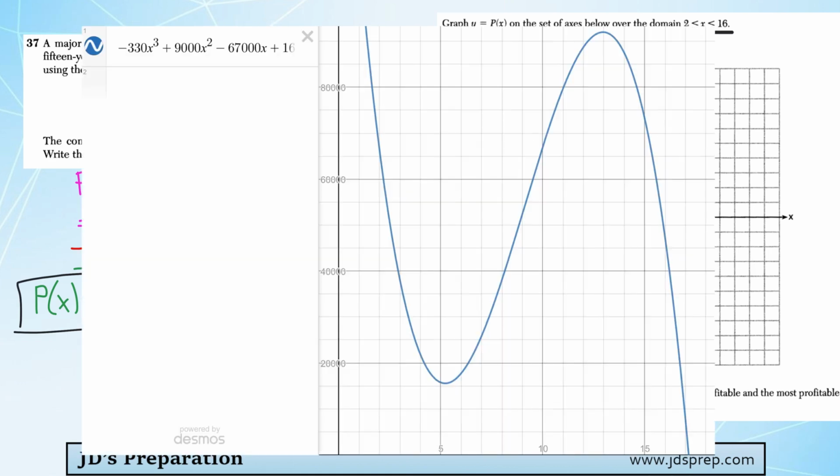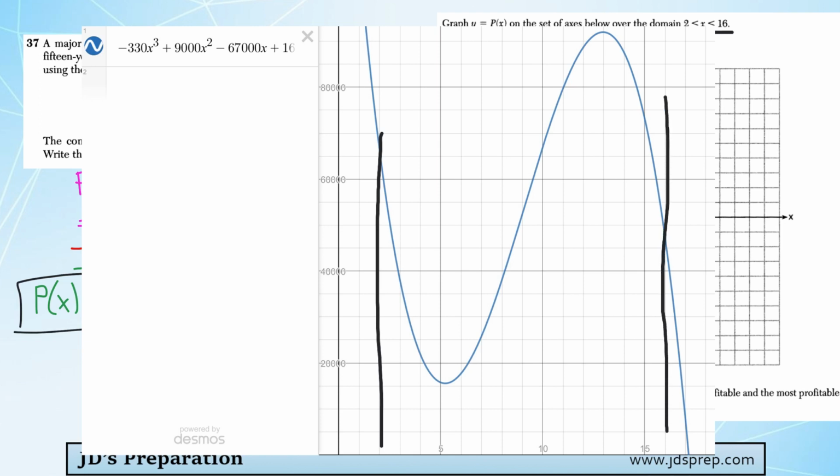So you can see the window settings that worked for me was for x, I gave a minimum at 0, a maximum at 18. And then remember that we're only interested in the interval from 2, which is here, to 16, which is here.